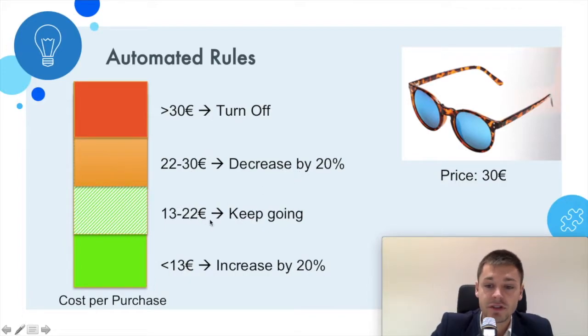Then there's this keep going zone where I'm comfortable with the performance. Of course, it's not super profitable, so I wouldn't put more budget in this section, but I just leave it as it is. And then there's the green zone where I want to increase the budget even.